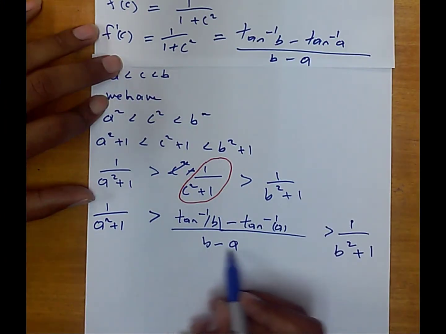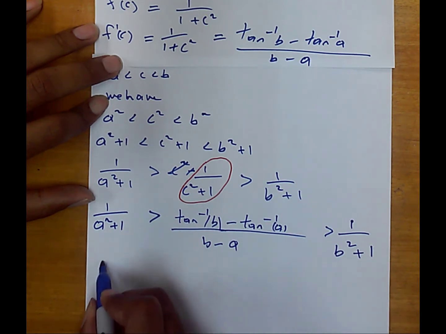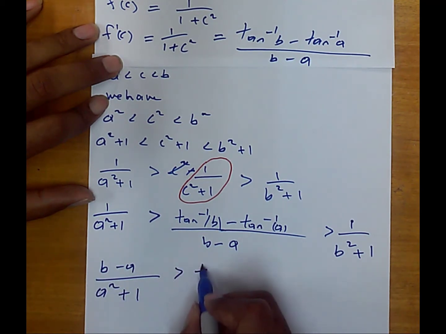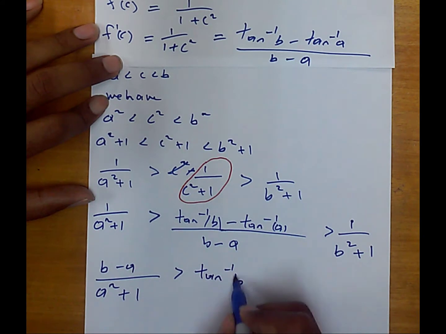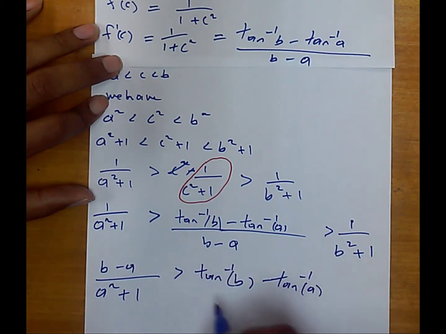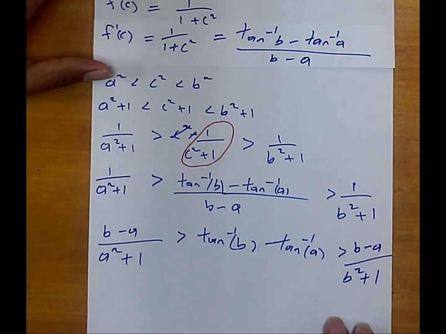And if we go ahead and multiply by our b minus a, we have b minus a over a squared plus 1 is greater than tan inverse b minus tan inverse a greater than b minus a over b squared plus 1. And there we have it.